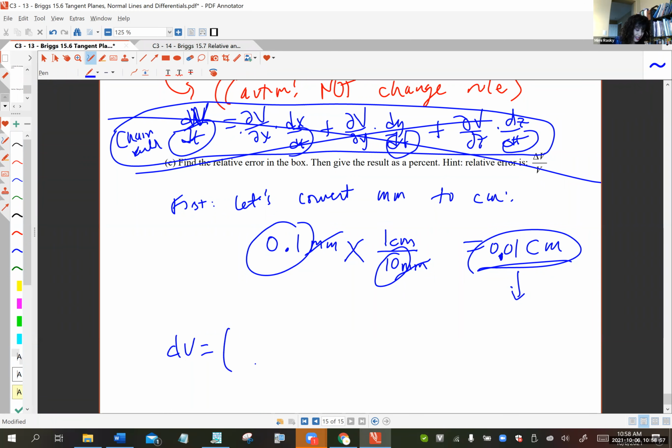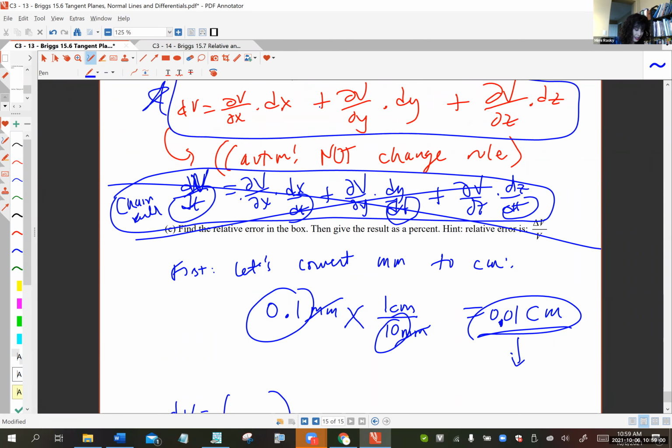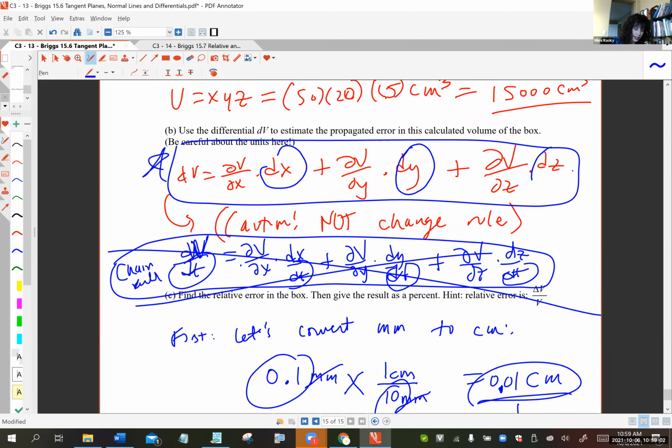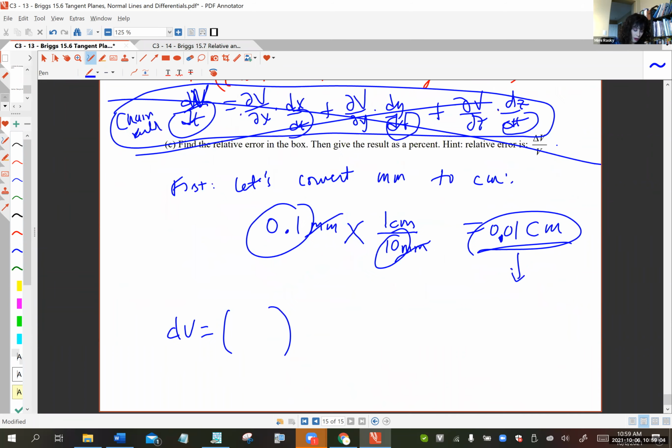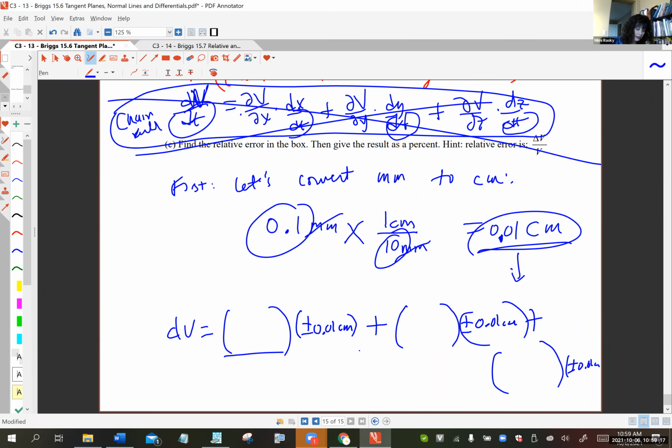We're going to need dV/dx. The dx, the dy, and the dz are all plus or minus 0.01 centimeters. All of them, because that's how far off you are. Okay, now what about these partials?